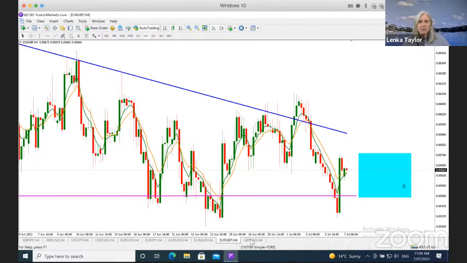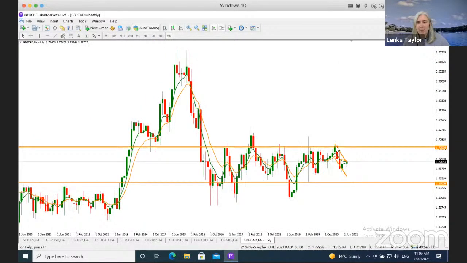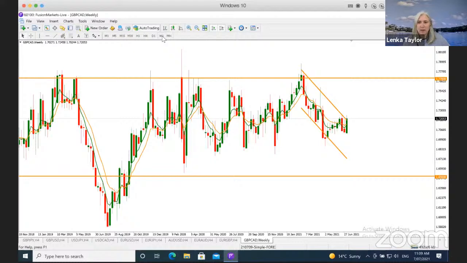And the last currency pair I'm looking at is GBPCAD. With GBPCAD, I have been looking for a short as a ranging market between those two points. At the moment, it does not look like it really wants to go short.